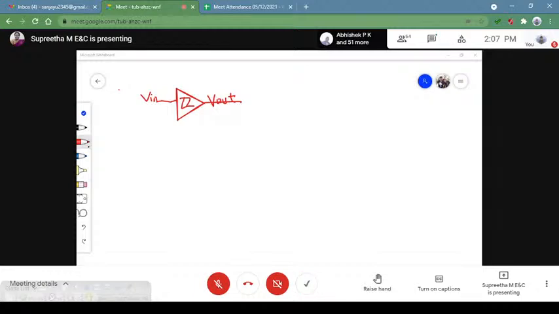Yeah. Is my window visible? This is the symbol of an inverting Schmitt trigger, or the other way around it can also be written.